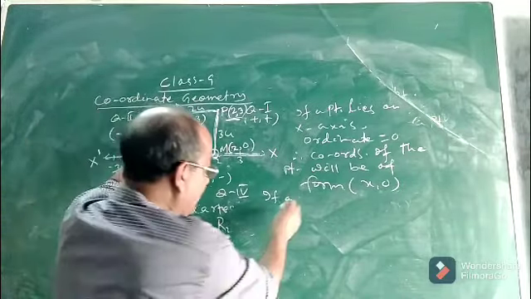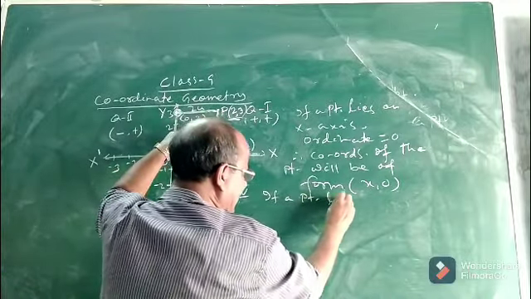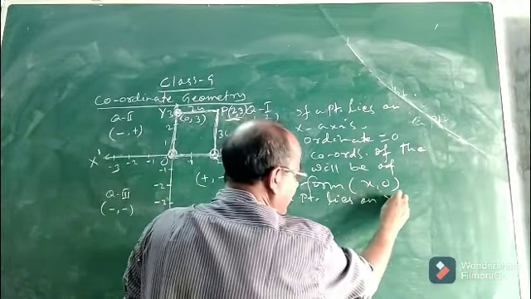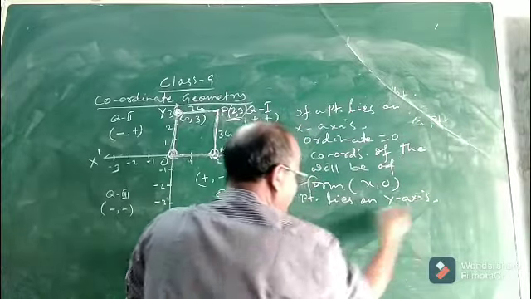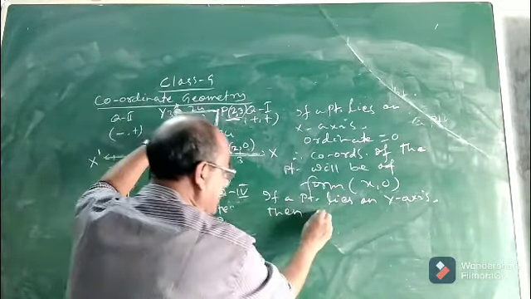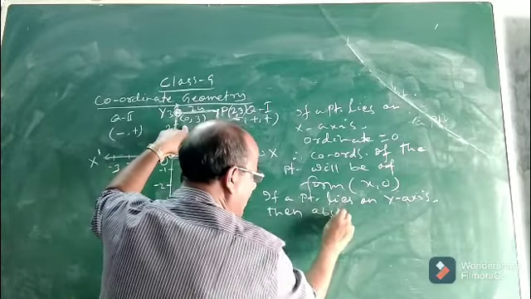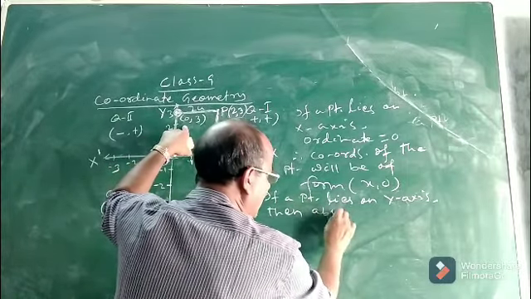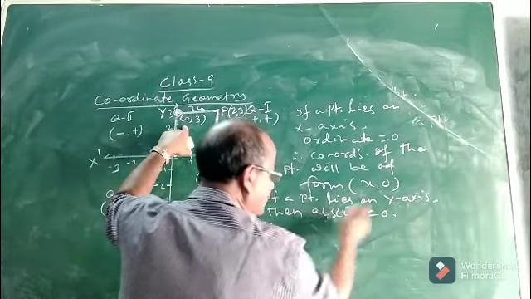So if a point lies on the y-axis, then the x coordinate will be 0, and the x coordinate means the abscissa. Abscissa is equal to 0.